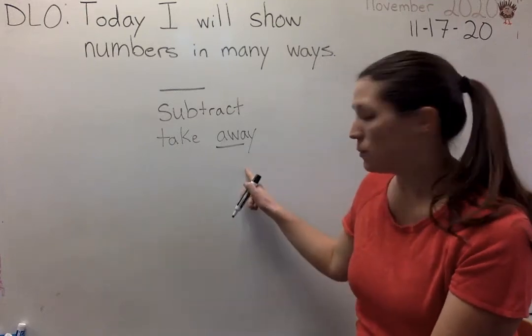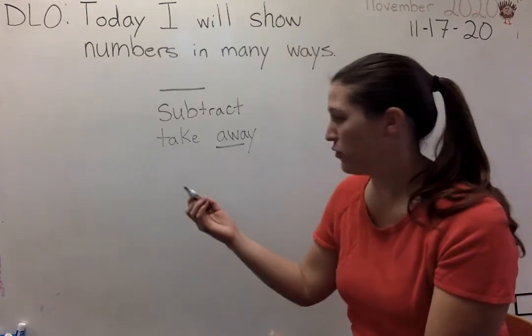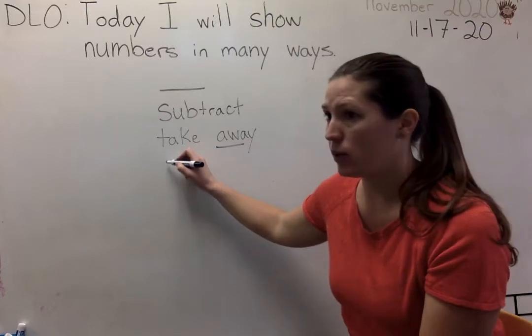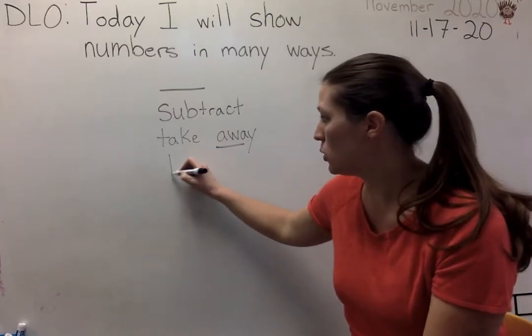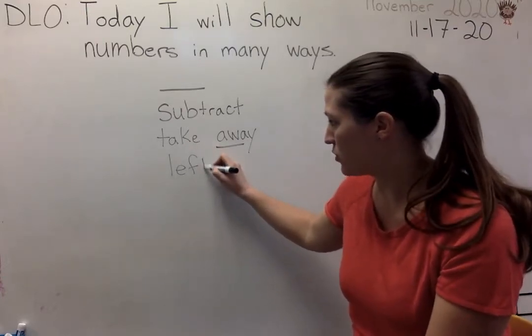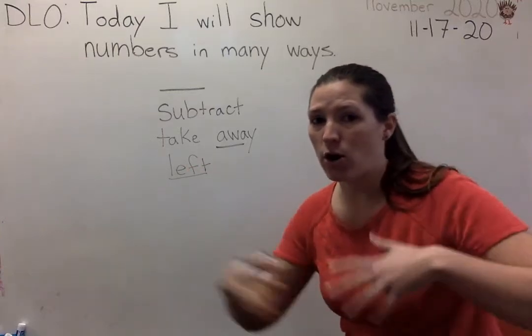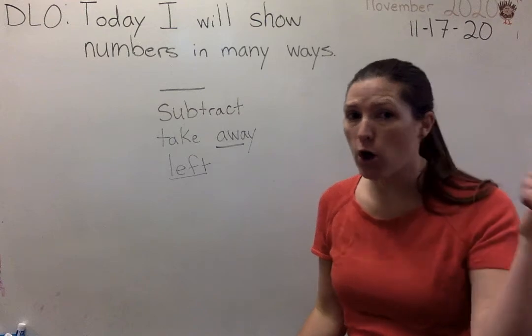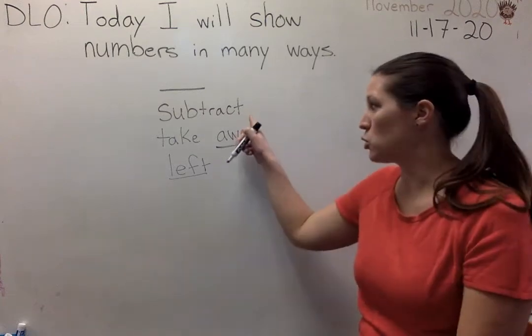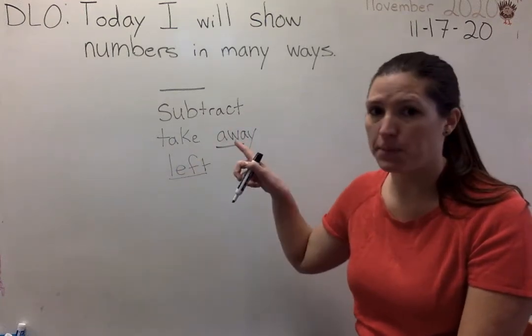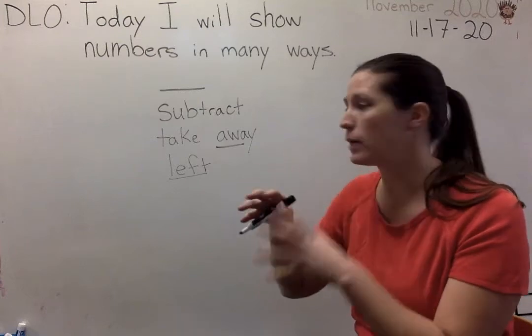Or you might hear left. So there were 6 friends at the park. 2 friends left. So left and away means they are not there anymore. They're gone. So if they're gone, we're subtracting, we're taking away from the original quantity.